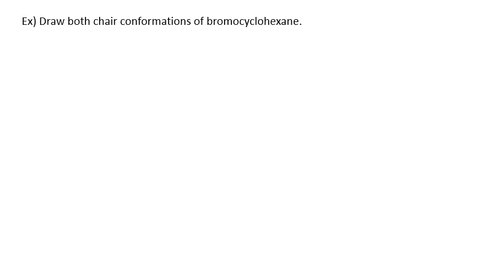All right, so in a typical problem, we want to be able to draw both the chair conformations for bromocyclohexane. So let's look, what is bromocyclohexane? We have cyclohexane with a bromine. Now, it doesn't matter if you put it with a wedge or a dash at this point.